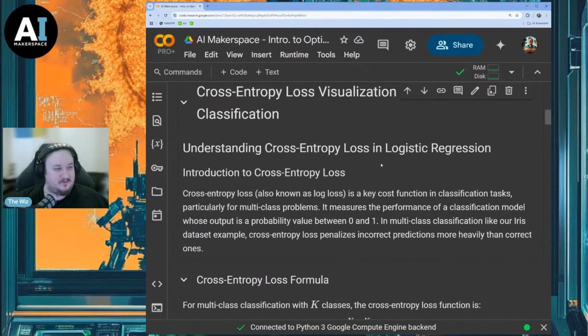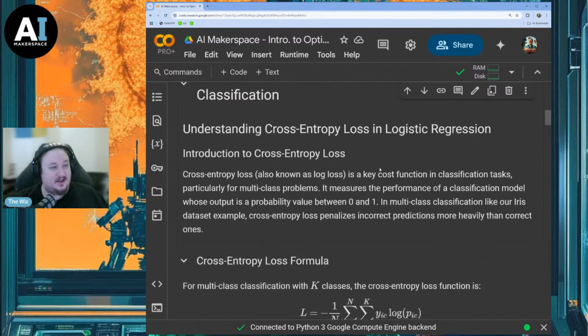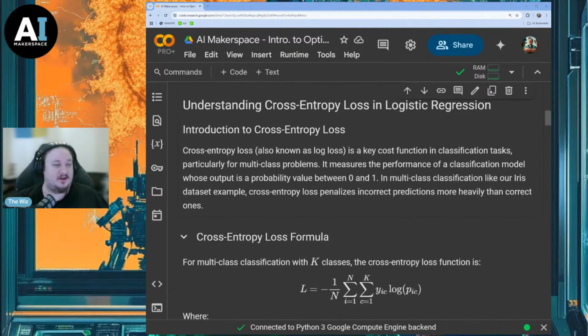First of all, we're also calling cross-entropy loss log loss. Now, this is going to be something that we'll spend time on again as we talk about LLMs. But the idea is that there's a probability that exists for each class, and that's going to be closer to 0 or closer to 1.